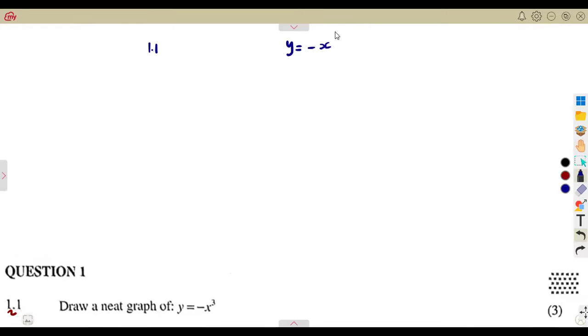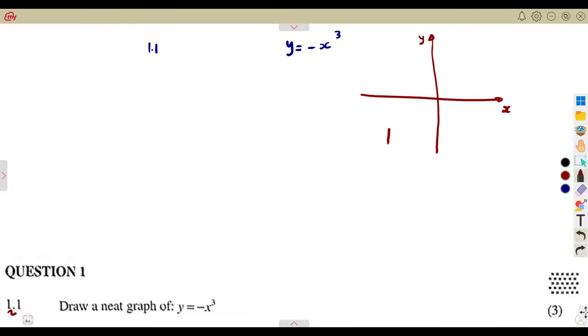Y is equal to minus x cubed. So remember, this is a cubic function, which is just opposing the normal cubic function that we are used to, of y is equal to x cubed, which is like this. Remember, the one of y is equal to x cubed is like this in the positive way. So the one of minus x cubed, this one, is the one that is going to be in the negative region, right?